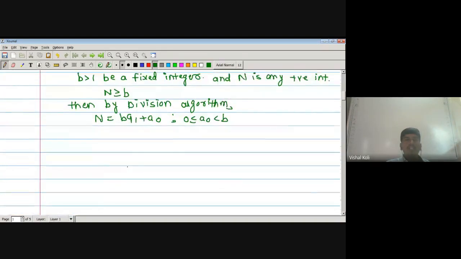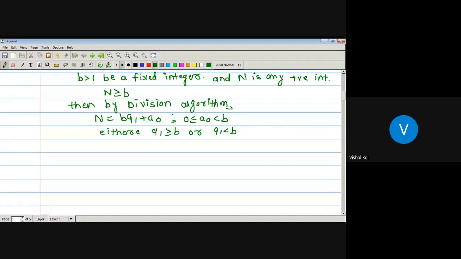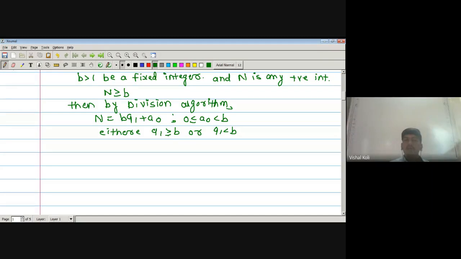Now here there are two possibilities in between this b and q1. Either q1 is greater or equal to b, or q1 is less than b. If q1 is greater or equal to b, then again we get two integers q1 and b, so we have to apply the division algorithm on these two integers, q1 and b.